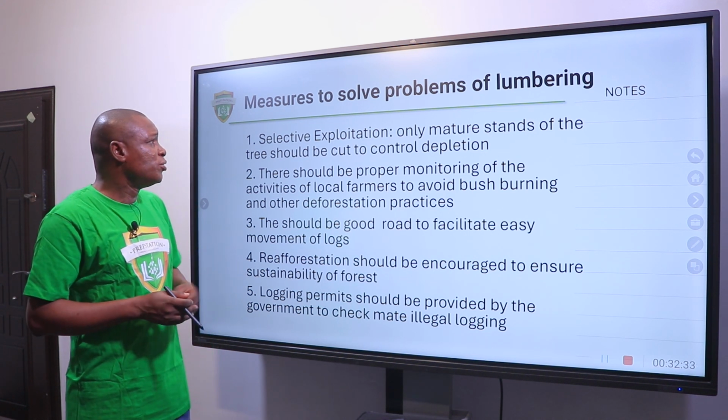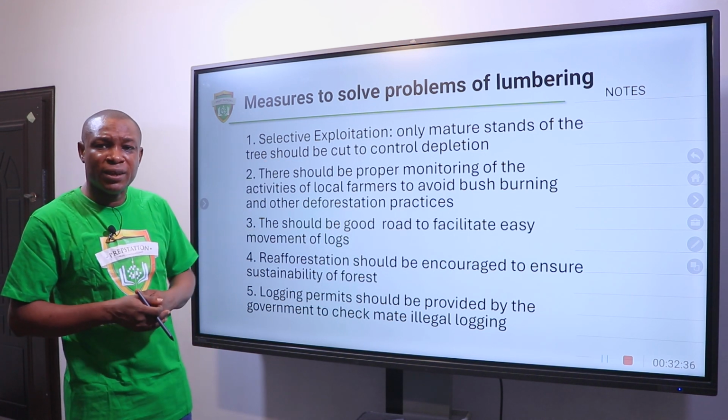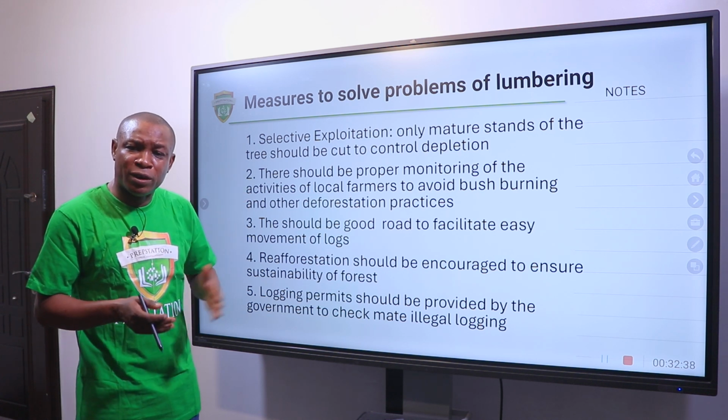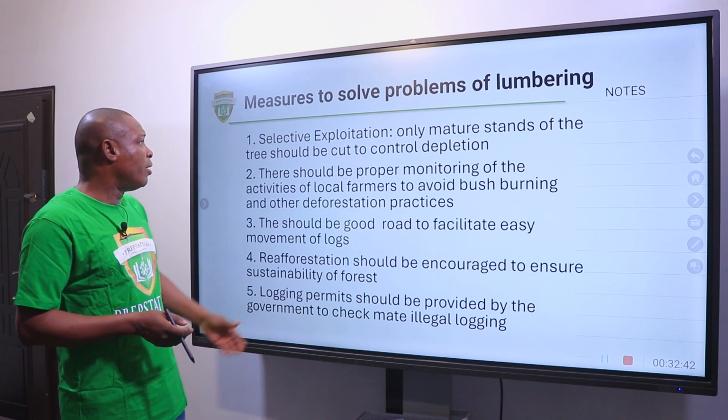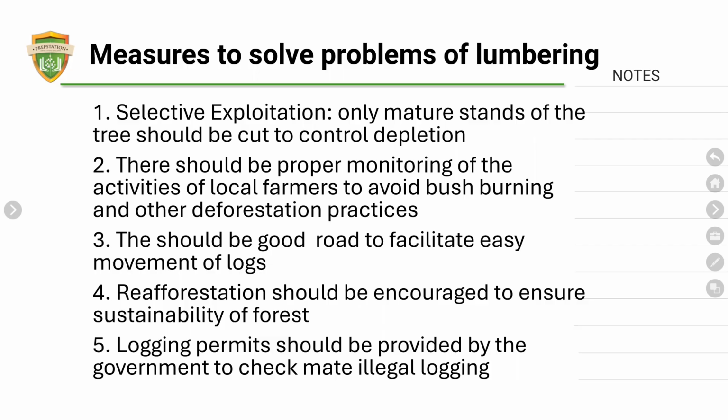Measures to solve the problems of lumbering. The problems that we've identified, what are the measures that can be used to address them? Number one, selective exploitation, as I've mentioned. Number two, there should be proper monitoring. Lumbering activities should not be allowed to be executed haphazardly. The government should put a proper monitoring mechanism in place to checkmate the activities of illegal lumbermen.